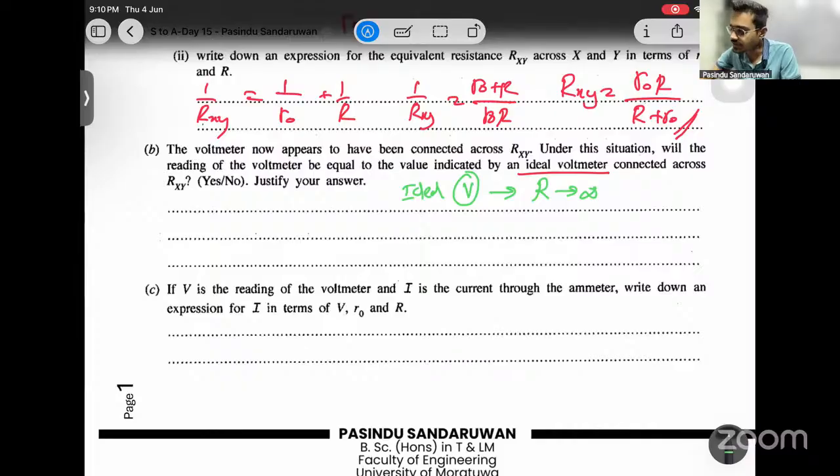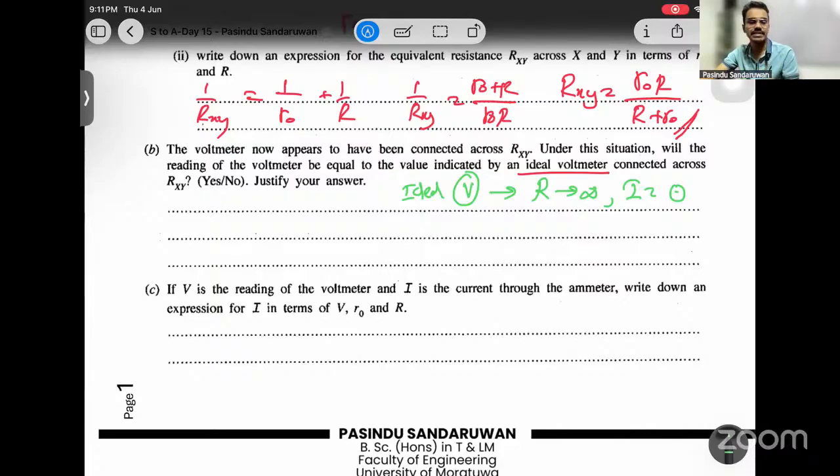When resistance is infinity, no current flows through the voltmeter. Because we know, if a current flows through a voltmeter, then it absorbs some voltage and it is going to cause some error when taking a reading.